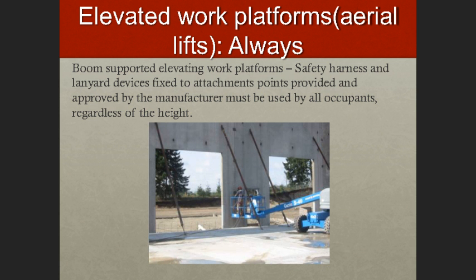Elevated work platforms are what we also call aerial work platforms. This would include your scissor lifts, your boom lifts. Some people just call them JLGs because it's a famous brand, or Genie is another one. Most of your manufacturers, especially JLG and Genie, are going to require or strongly recommend that employees wear a full body harness and tie off into the man basket. Usually there are eye hooks or some kind of eye hole tie off anchor point inside the basket.